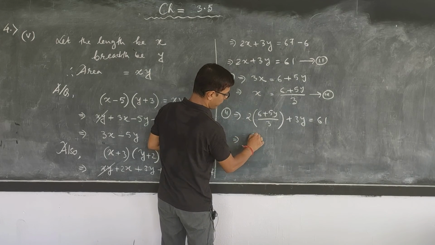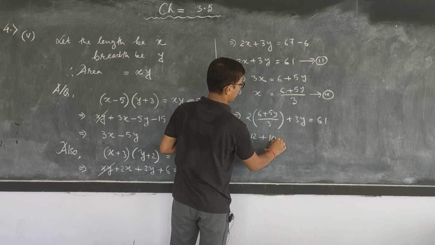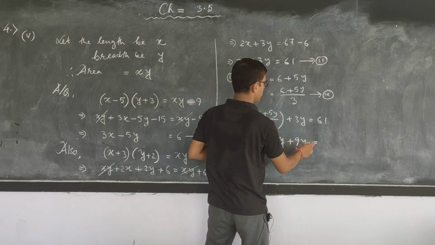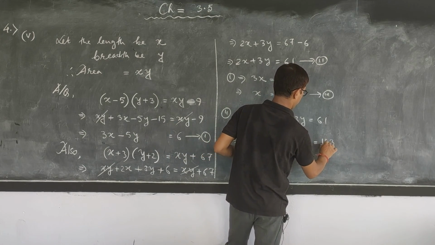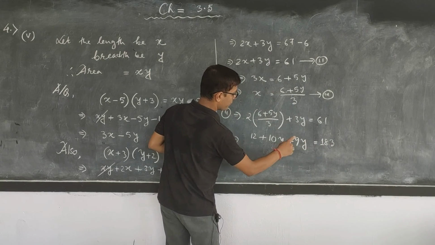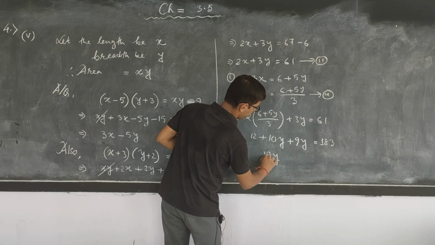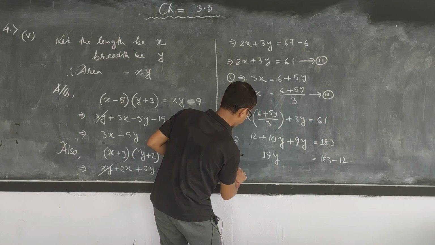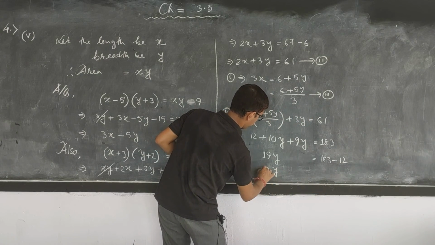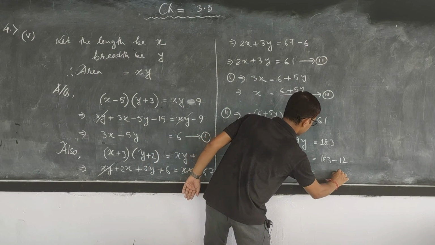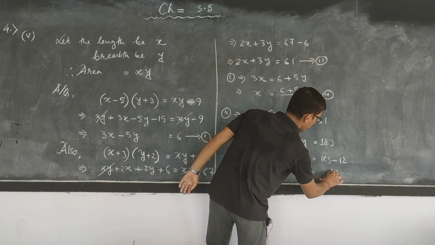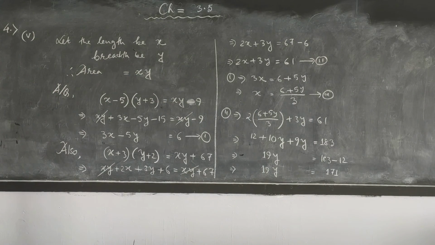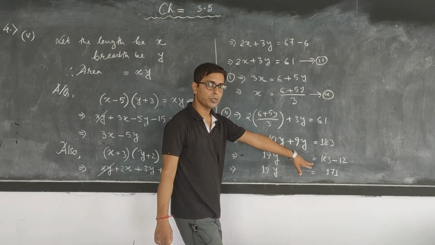Okay? 2 into 6 is 12, 2 times 5y is 10y, 3 times 3y is 9y, equal to 3 times 61. 12, let us shift that side, this will be 19y equals 183 minus 12, that is 171.